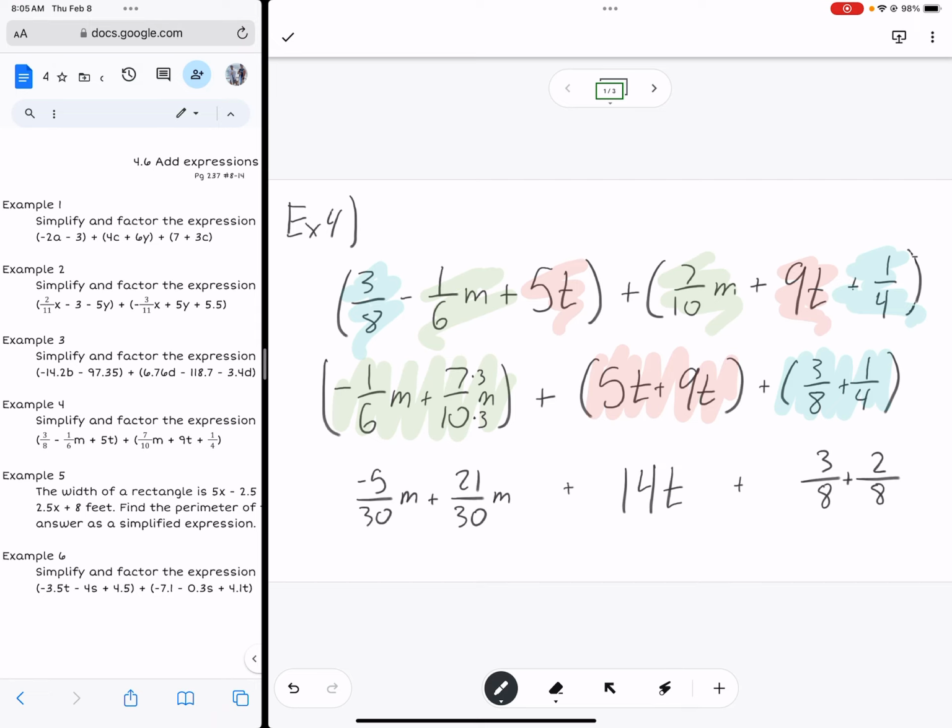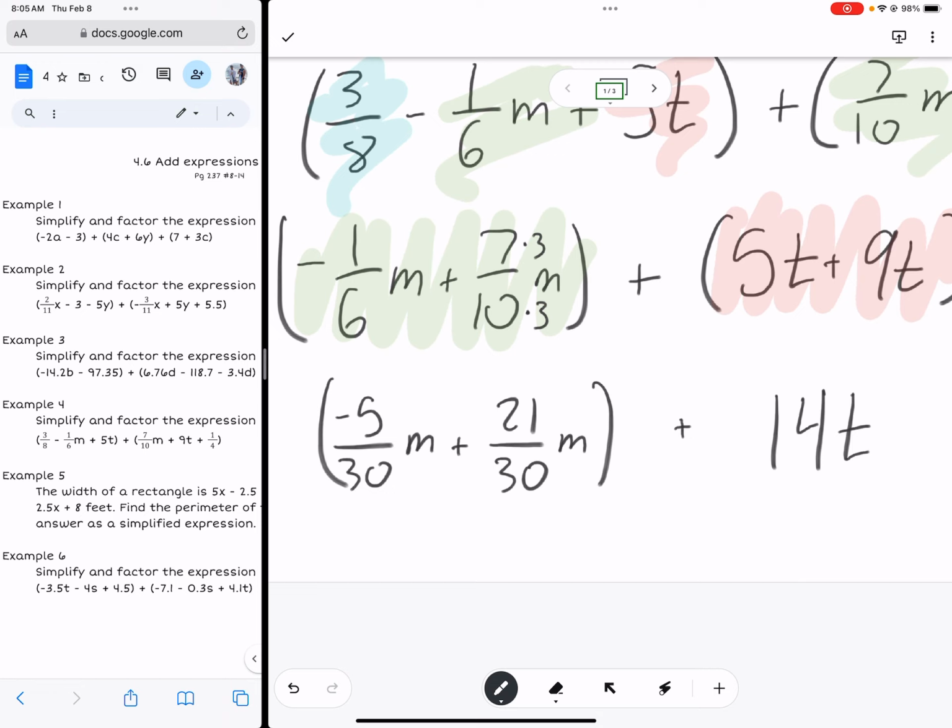Now we just have to add up these fractions, and we should be good. The first one is 16 over 30 m, and then you can reduce that by dividing the top and bottom by 2.